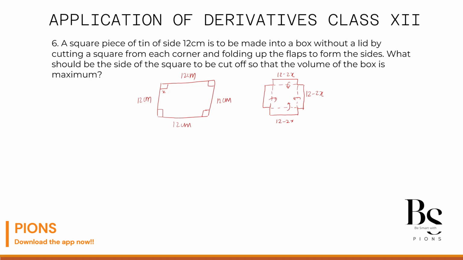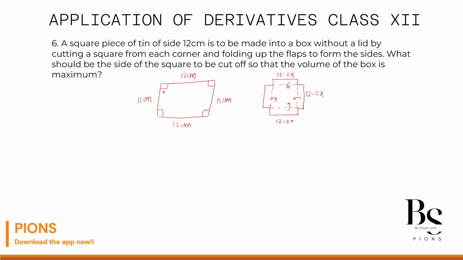And the height here will be x. Why x? Because when you flip here, only this corner which you have cut is responsible for the height. So you can try this if you are not getting how the height is x. Simply take a paper, remove these four corners, you will get this part, and simply fold these extra part.